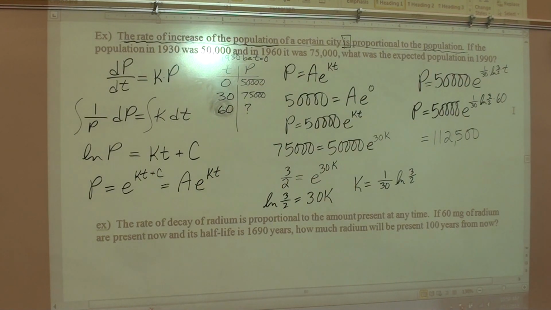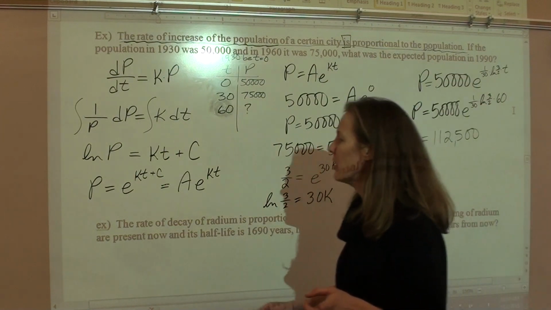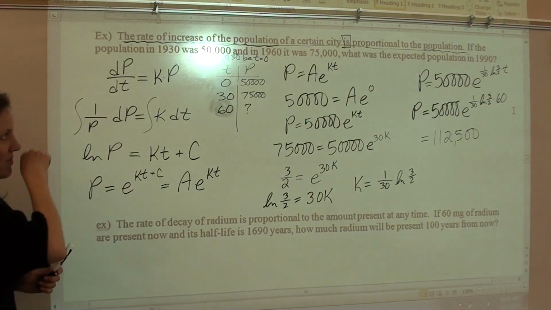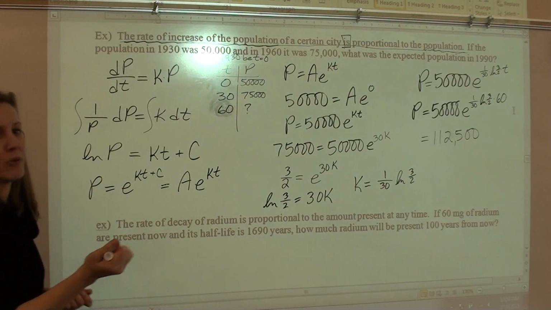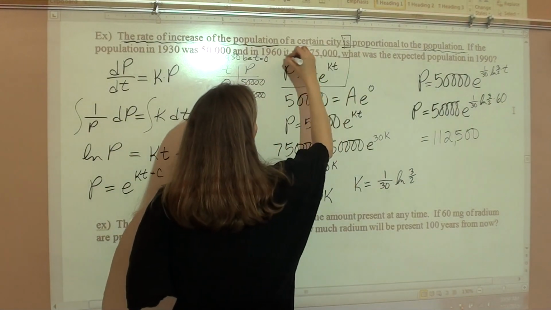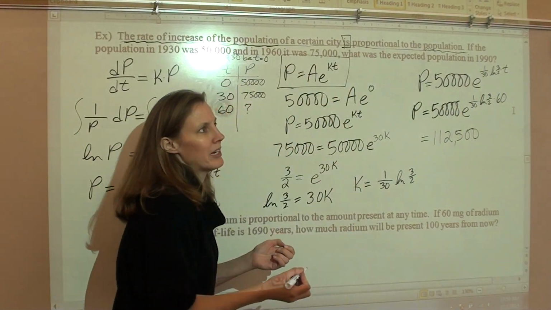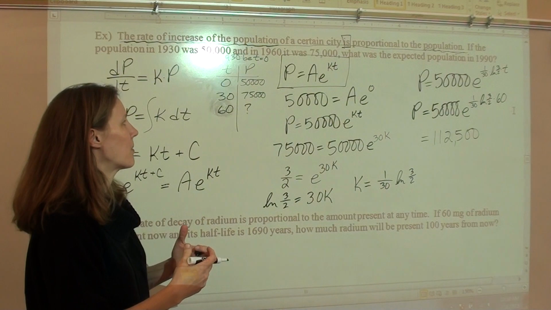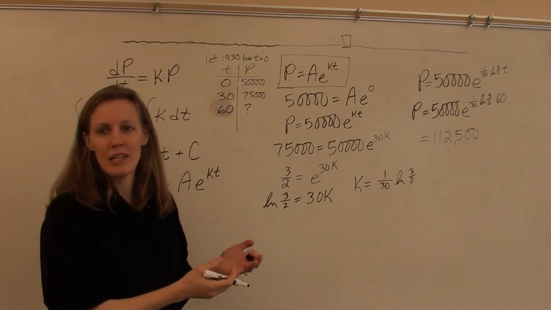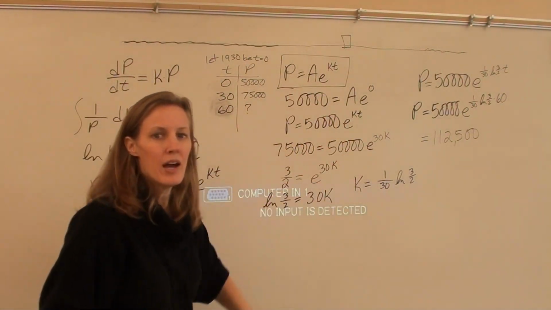Now, one of the things I need to mention is that tonight, 90% of the homework problems use this formula. Your book's going to write it as something like P equals C e to the kt, so they use a big C here.